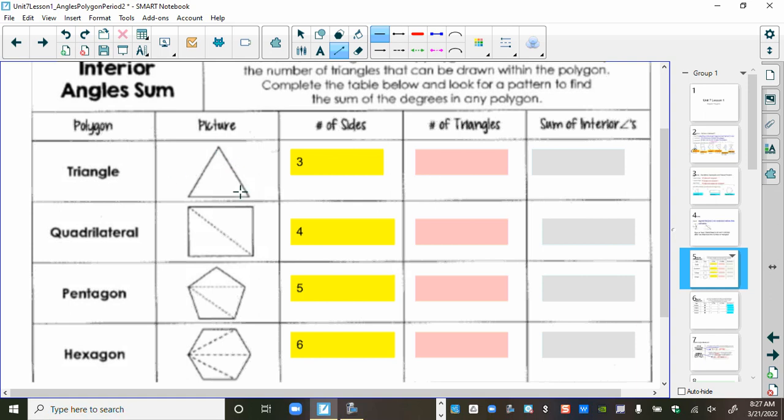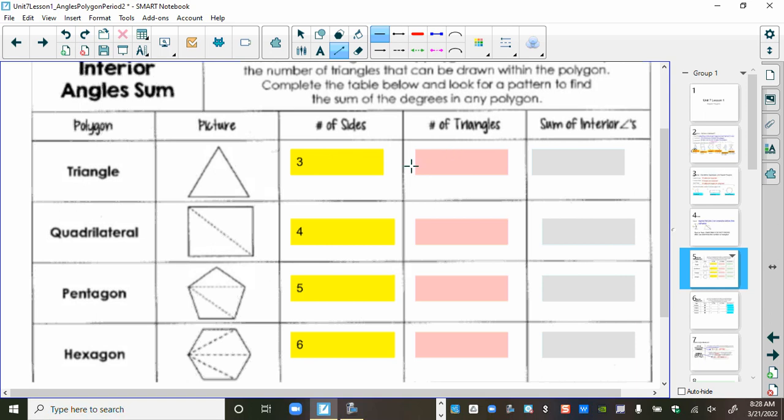Now, anytime you're given a figure, triangle, quadrilateral, pentagon, hexagon, and so forth, first you get the number of sides, then given the number of sides, you're going to determine the number of triangles.